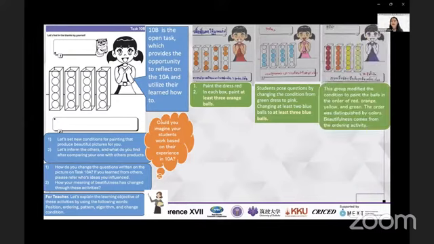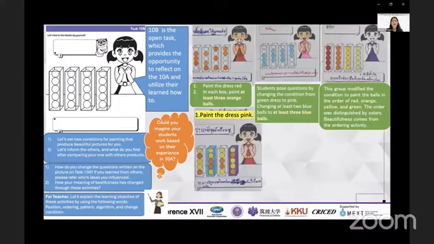And in this one, this group modified the condition to paint the balls in the order of red, orange, yellow, and green. The order was distinguished by colors. Beautifulness comes from the ordering activity.